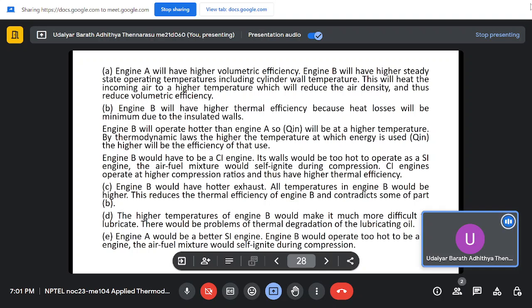Its walls will be too hot to operate as a spark ignition engine, so the air-fuel mixture would self-ignite during compression. CI engines operate at a higher compression ratio and thus have higher thermal efficiency. If you fix the peak pressure, compression ignition engines are better, and the diesel engine efficiency will be high. So engine B will have higher thermal efficiency compared to engine A.